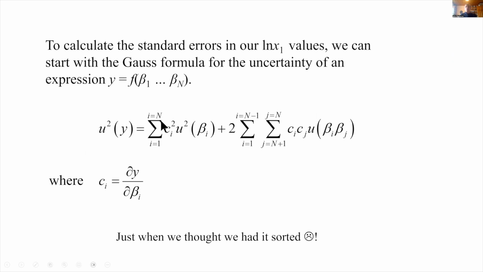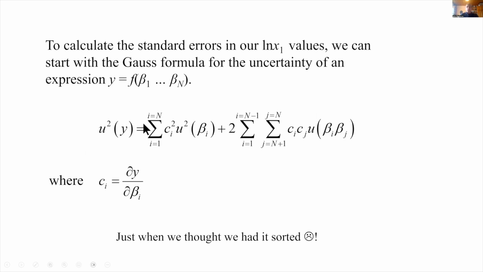The first thing perhaps to say is that we've got some quantity, an enthalpy, in our case a log of solubility, and it's a function of a number of parameters. The C values in this equation are simply the differential of y with respect to the individual parameters. So C1 is dy by d beta 1, C2 is dy by d beta 2, and so on.